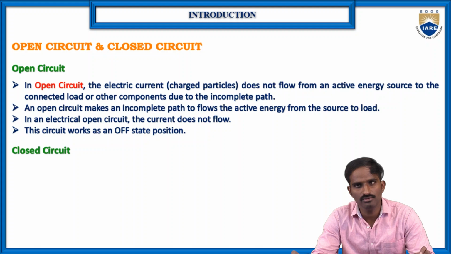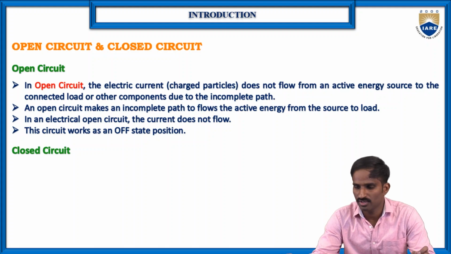But in the open circuit, the electric current does not flow from an active energy source to the connected load. So here we should understand what is meant by the active energy source and the connected load. For that, let me take a simple example.